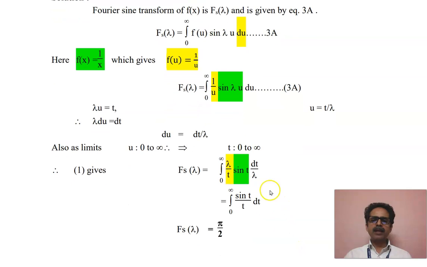You can see that in the next step lambda will get cancelled, and you will find the integration from 0 to infinity of sin t upon t dt. The right hand side is a standard integral and it has the value pi upon 2. So in this way we obtain the value of Fs lambda as the constant pi upon 2.